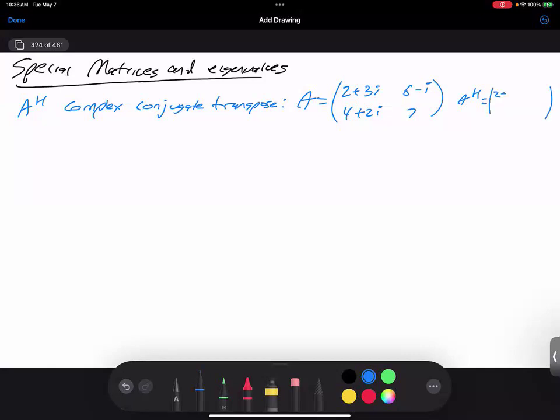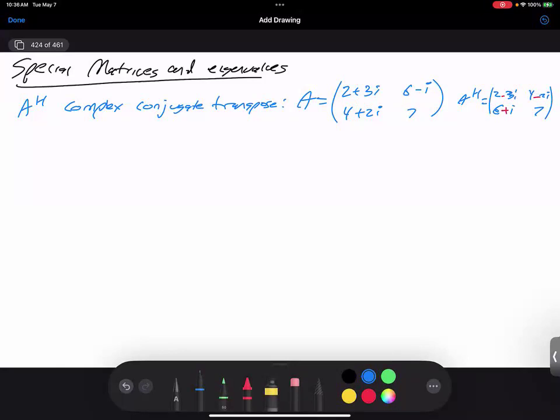So it's 2 plus 3i, 6 minus i, 4 plus 2i, and 7. And now I take the complex conjugate of that, so I change all the signs in front of the imaginary part. So it becomes 2 minus 3i, 6 plus i, 4 minus 2i. And so that's how you would find the complex conjugate transpose.